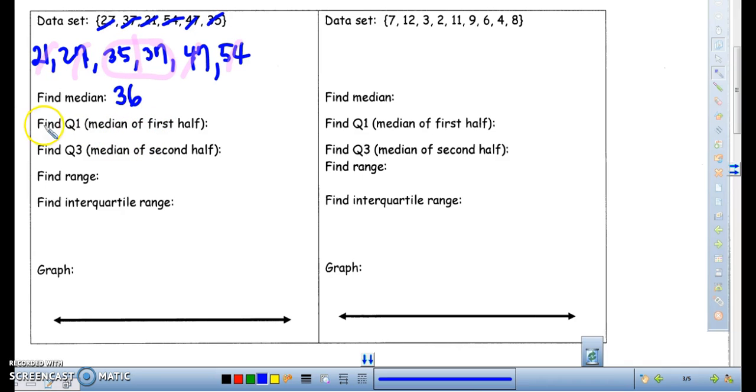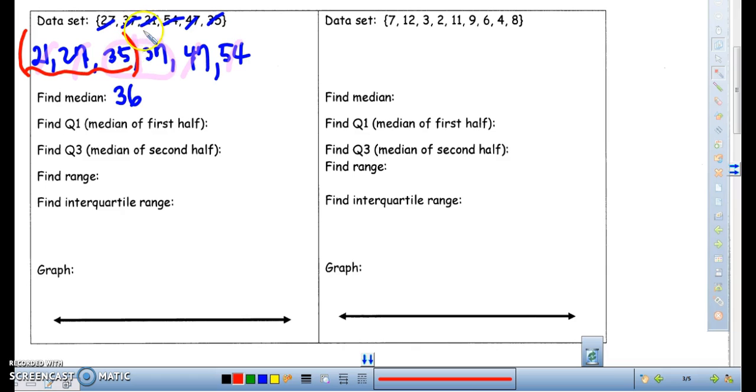Let's find the first quartile and then the third quartile. First quartile is the median of the first half. You look at these 3, that's your first half.